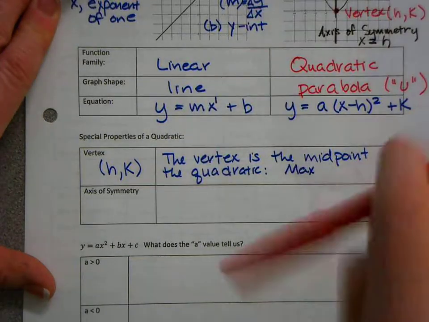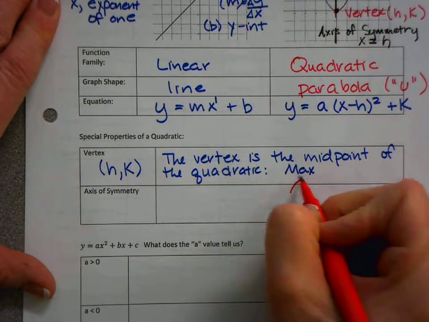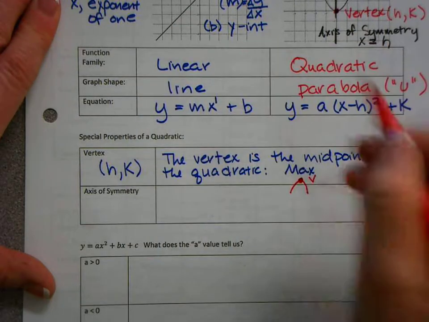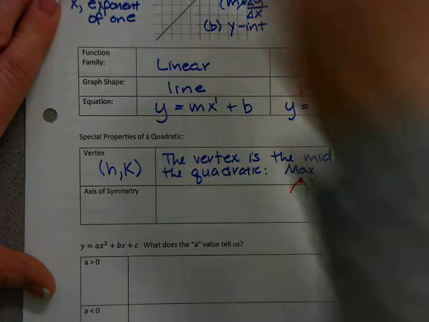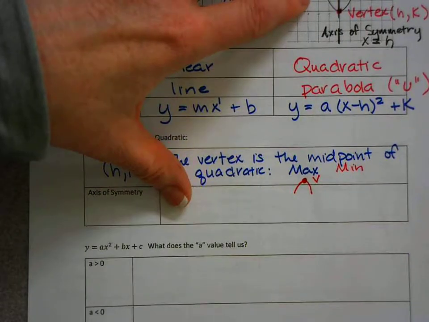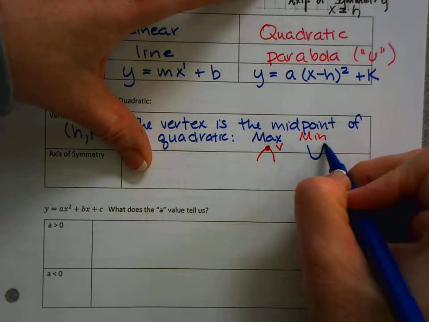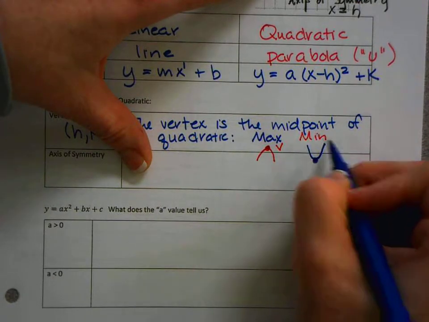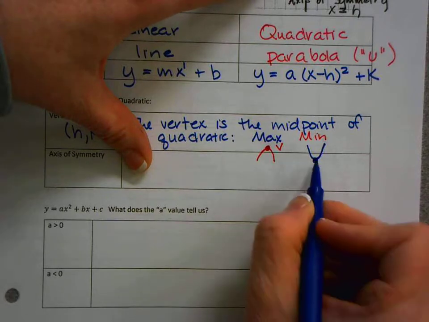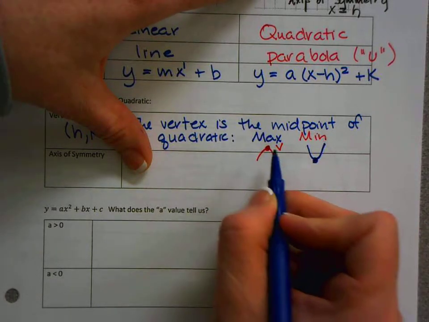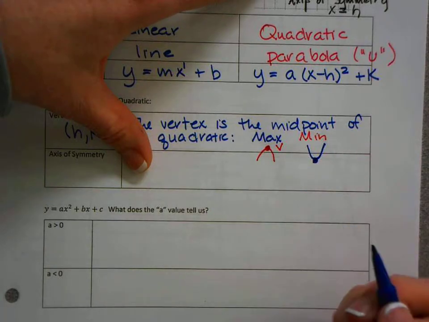if the parabola is facing downward, then the vertex would be a maximum. But it also could be a minimum, as in the case up here that we have pictured, because if the parabola is facing up, then the vertex is a minimum value. It's the lowest y value on this parabola, where the maximum is the highest y value on the parabola.